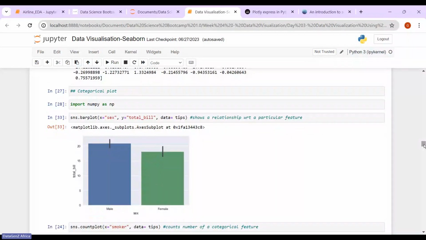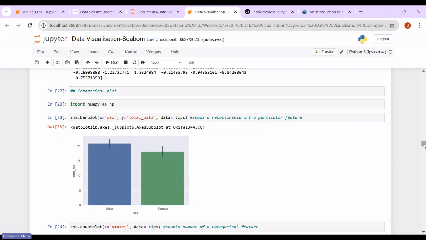Now, when you're using a bar plot, it shows you the relationship between a categorical feature and a numerical feature. I've explained what a categorical feature is. Categories are like maybe male, female, high, low, medium, good, bad, such categories.